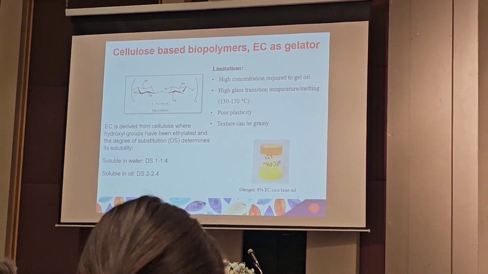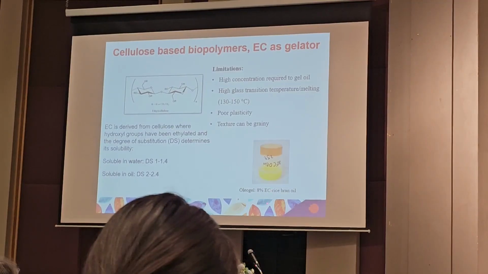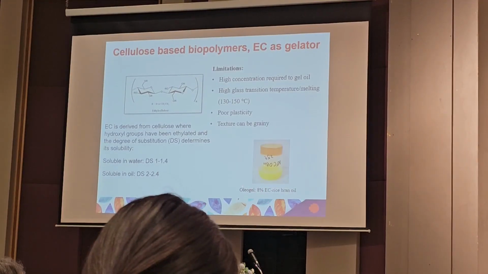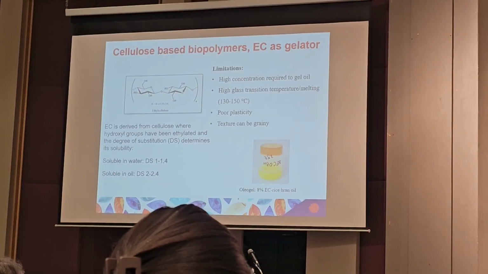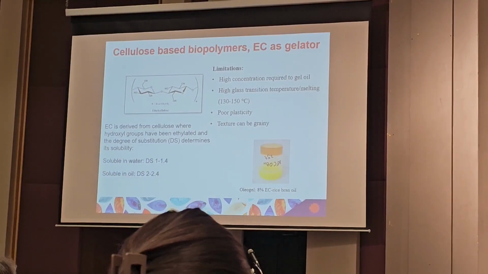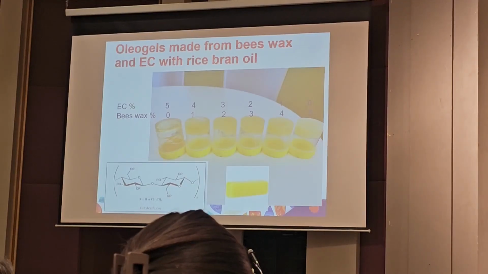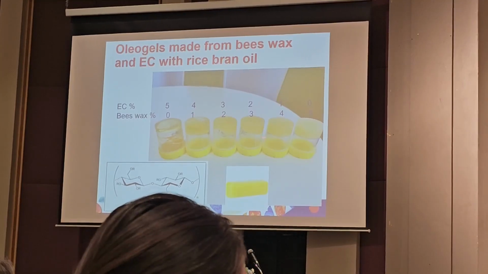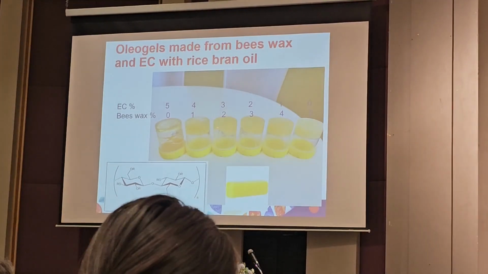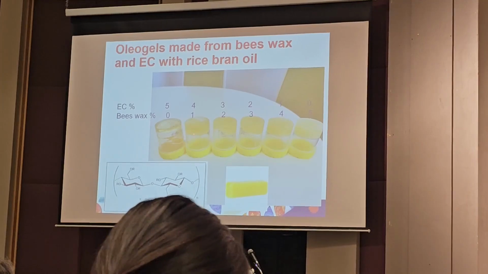This is the oleogel, this one, that has been made with 8% ethyl cellulose in rice bran oil. We can make this with canola oil or any type of oil we want. These are some of the basic and preliminary tests that we did. So EC concentration, beeswax. You can see this self-sustained oleogel with different sort of colors and transparency.